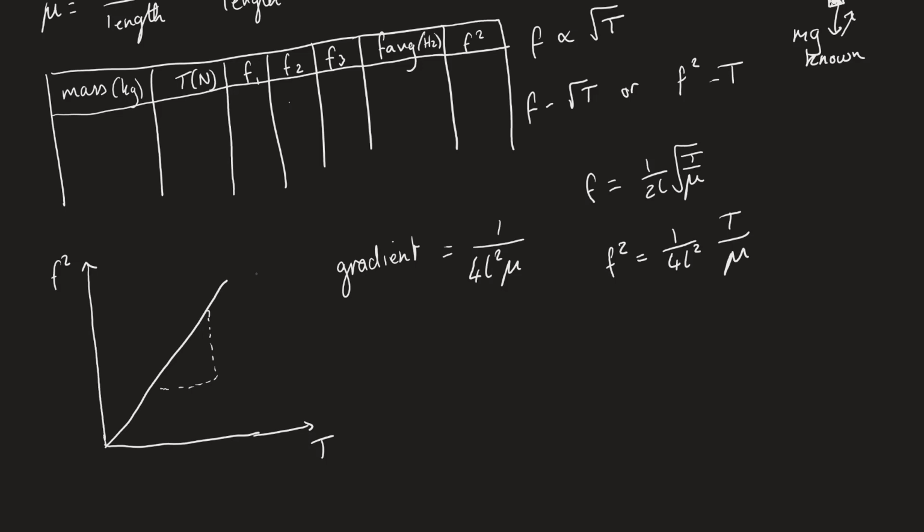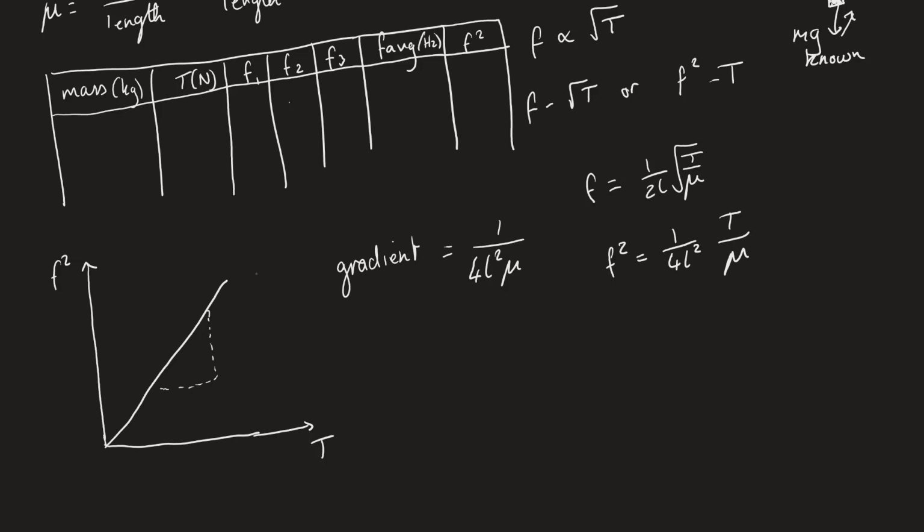If you find that you don't get a completely straight line, there's some reason for that. I'm not saying that you've proven physics wrong, but there's some reason in your experiment that you've got that result, and that gives you a chance to try and explain that. You don't have to get the right answer with these experiments. What we're looking for is just that you have the effective skills in order to take data and then be able to analyze the data to make sure that everything makes sense.